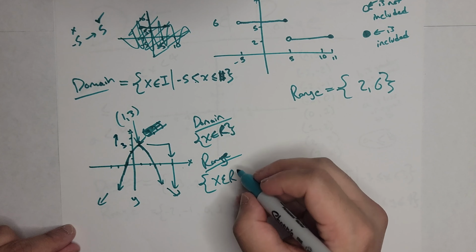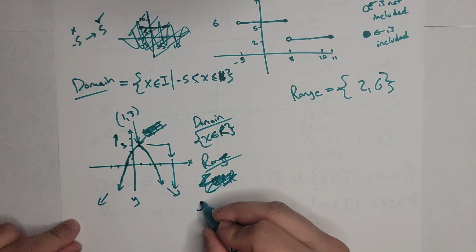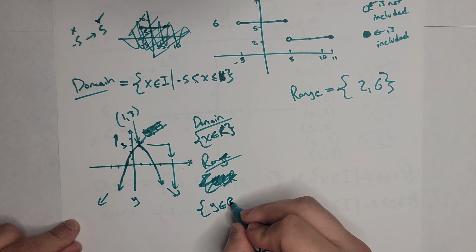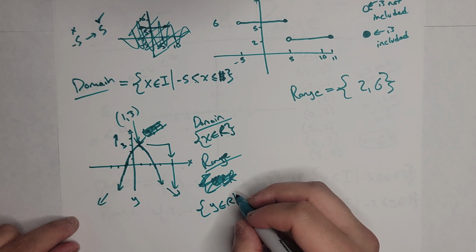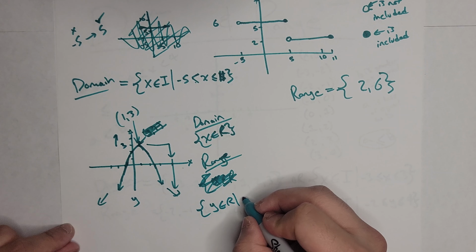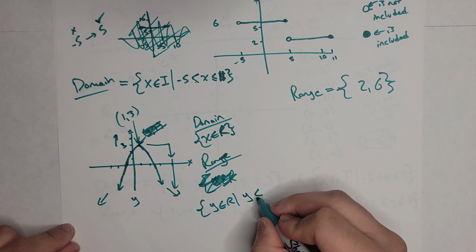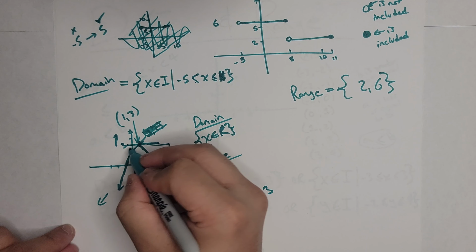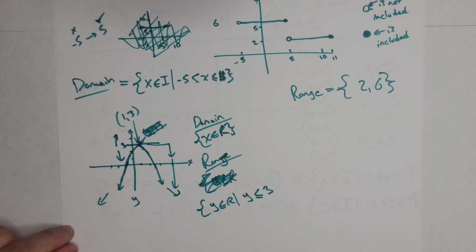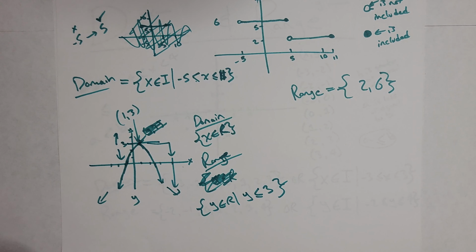Oh no, I don't know why I put x, it should be y. So the only condition we have here is that our y value can only be less than or equal to 3. And that is the domain and range for a parabola.